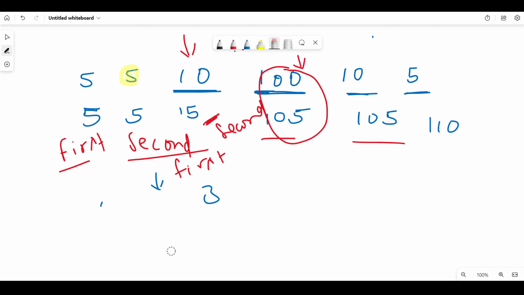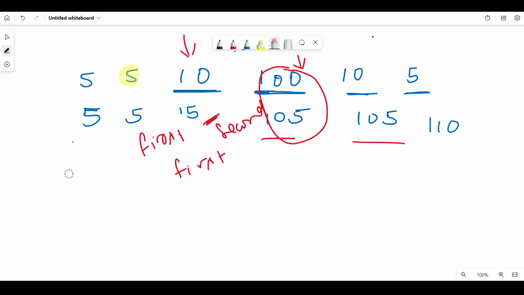Let me clear this. So for the next step, I will make this second as first, and the one I have recently calculated I will make second.